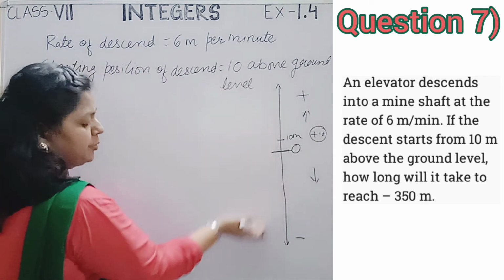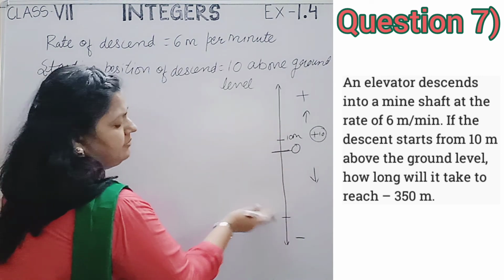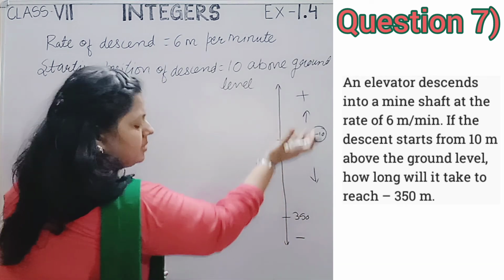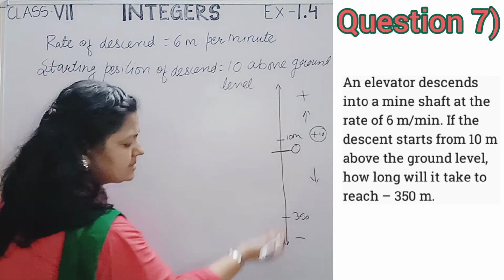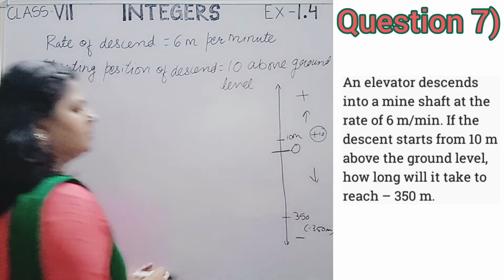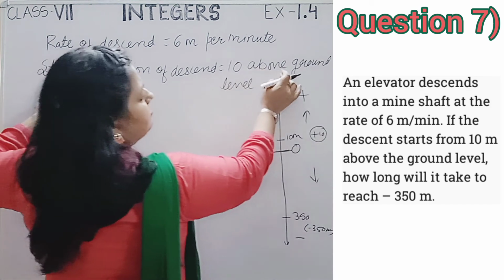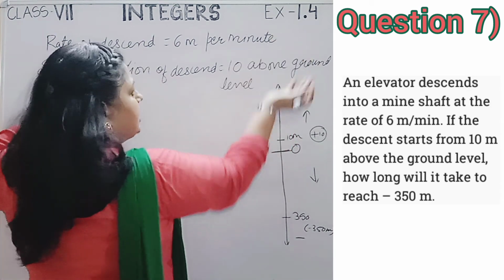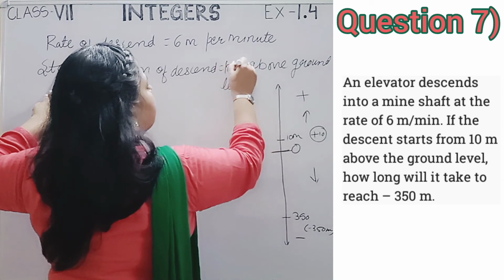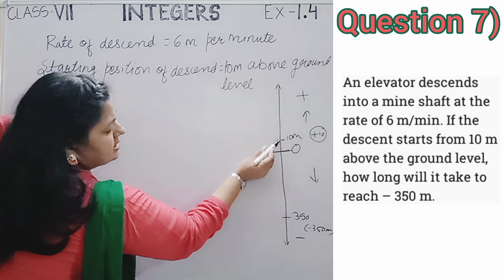And now below. So suppose we are here, 350 meter below ground level, means minus 350 meter. So now starting position of descent is 10 meter above ground level. So here the position is here.